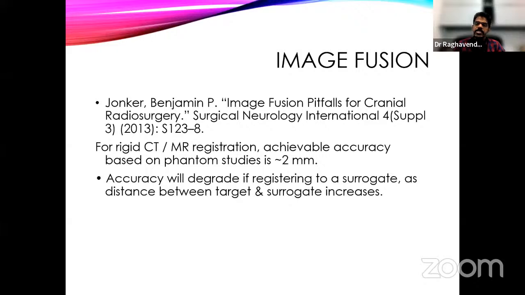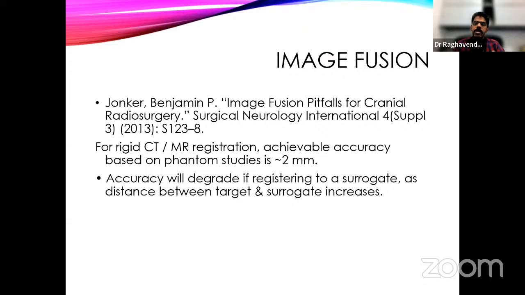Suppose you have an artifact in your system, or you have selected bigger images with more information than what is actually required, like the whole brain, or the whole abdomen taken for matching. It goes for an average position. When it goes for an average position, the position of interest, like the tumor you are looking at, may have some error. So it's always better to get it checked.